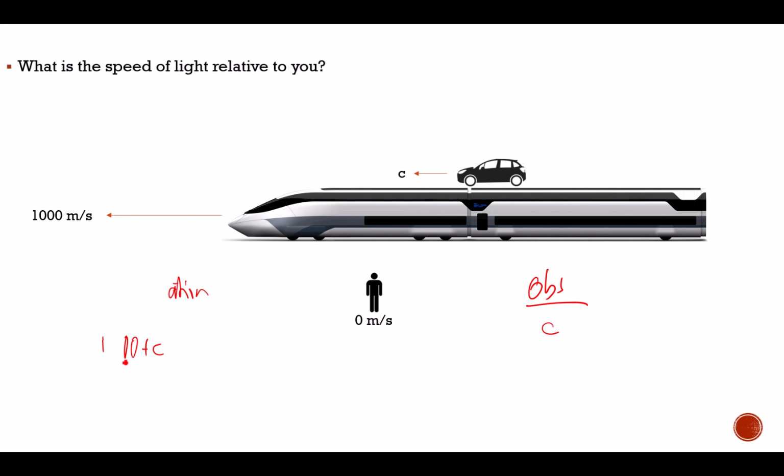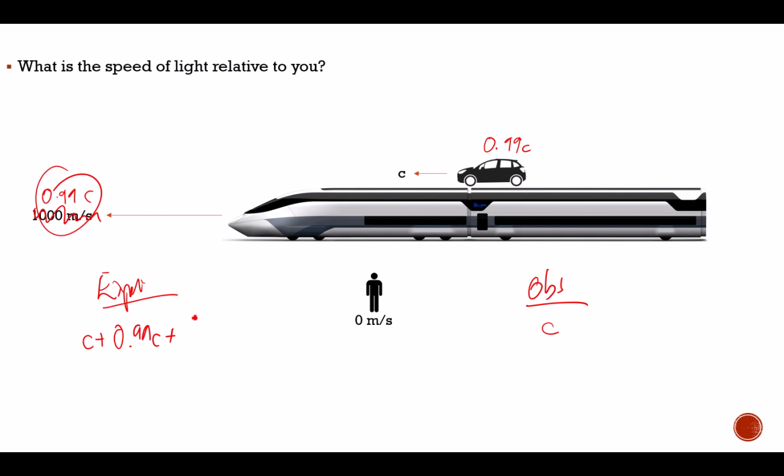Here's what's extra funky. Let's say the train was moving at 0.99 the speed of light. Yeah, 99% the speed of light. And let's say the car was traveling at an additional 99% the speed of light. And then it switched on its headlights. Well, we would expect that the velocity of the light that we see would be c, the speed of light, plus the velocity of the train, 0.99 c, plus the velocity of the car, another 0.99 c.